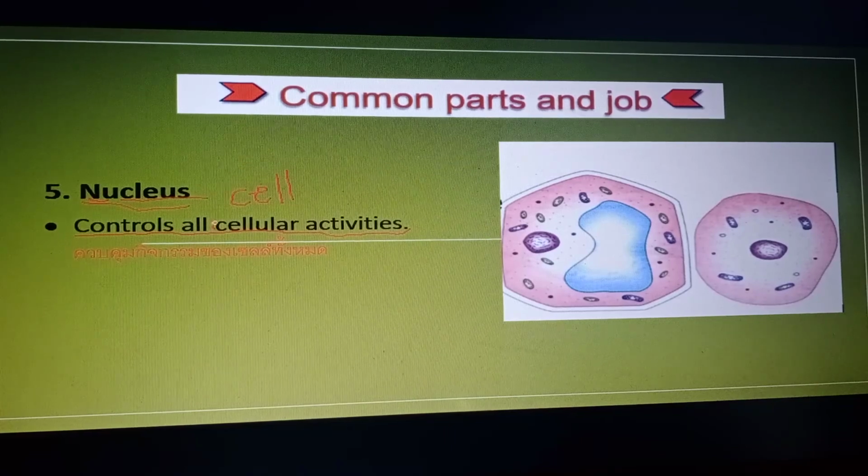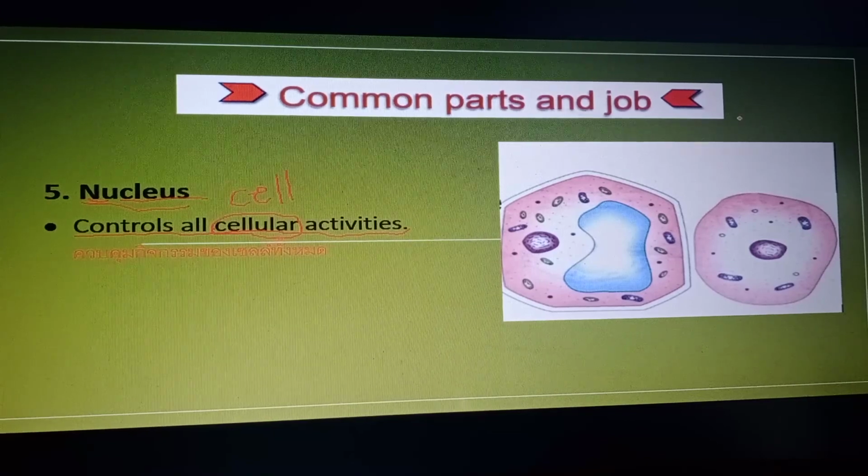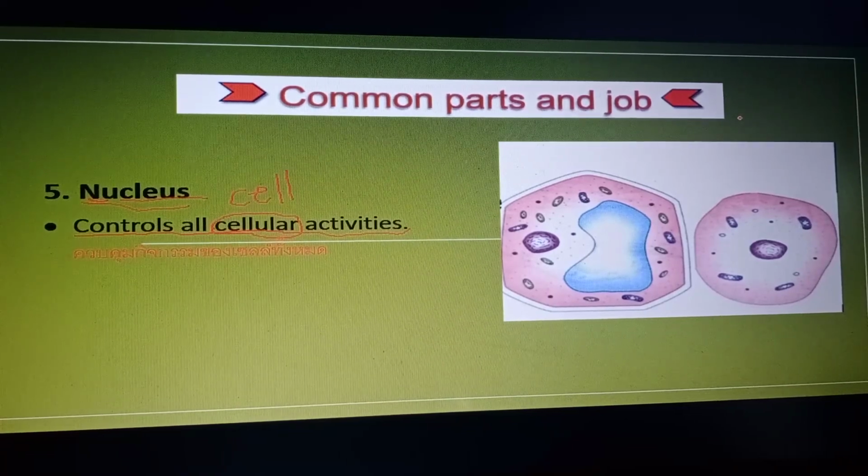Control cellular activities, or your cell activities. It controls the work of your cell. That's it. Okay. So those are the 5 common parts and jobs of the parts of the cells for both plant and animal cells.